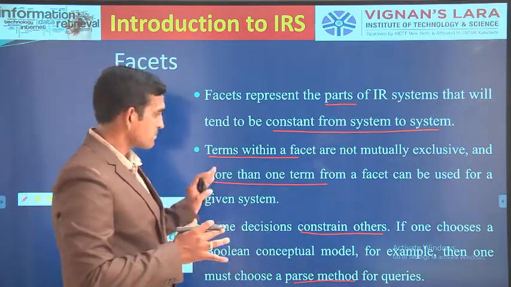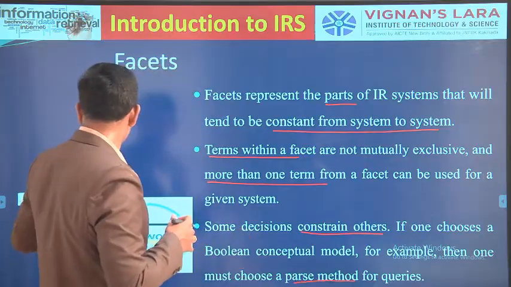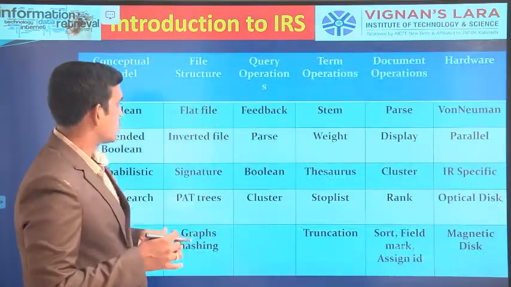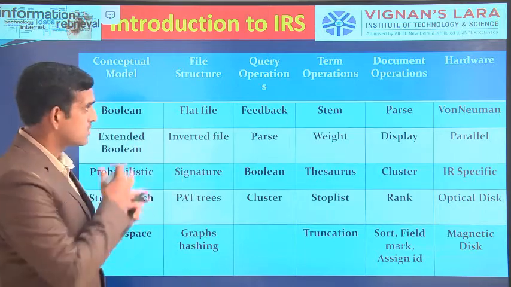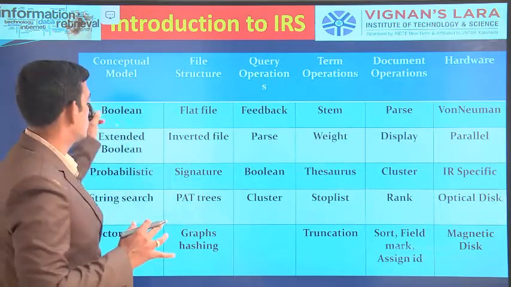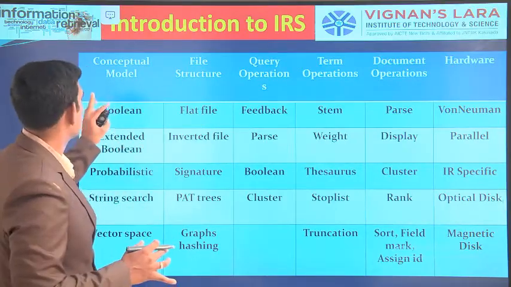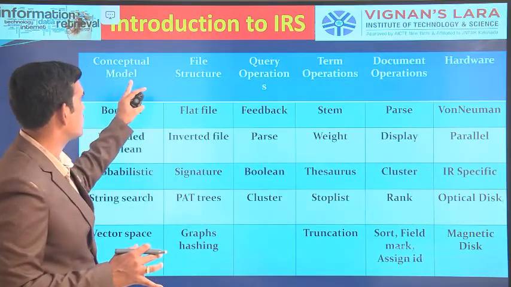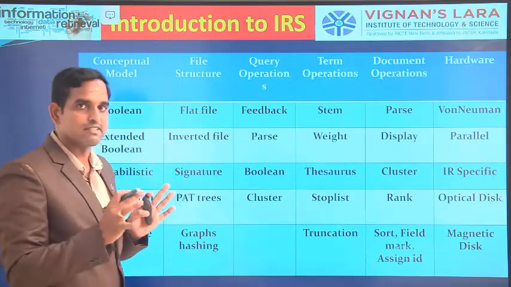Okay, so we'll be looking at these things in the next slide. So these are the facets you have as a part of this particular domain analysis. As I told you, the first row will be your conceptual framework facets. The first thing is your conceptual model. This is the domain analysis of your particular information retrieval systems.